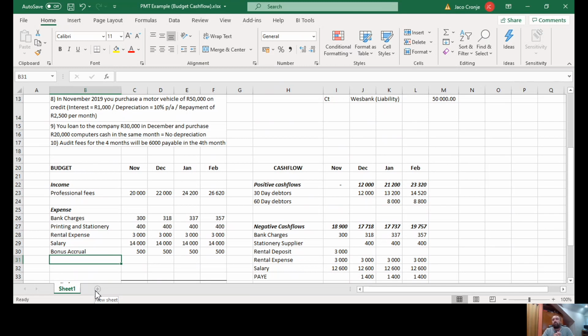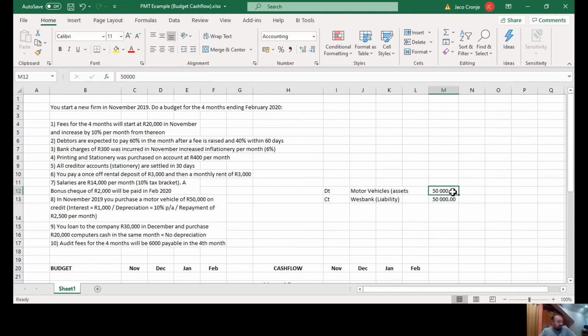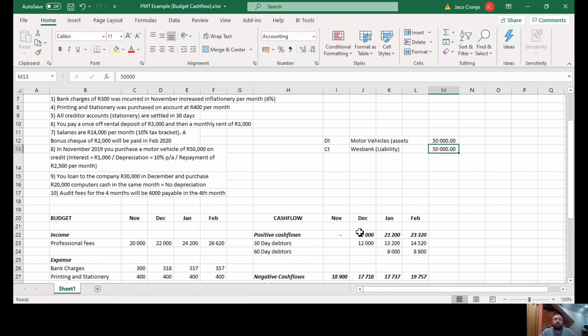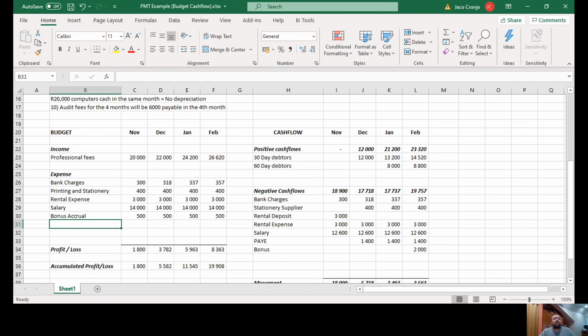Because of interest, you are paying more for the vehicle than what it is actually worth, because it's only worth 50,000, but at the end of this, you're probably going to pay 70,000 due to the interest. So because of the interest, you are losing value. So interest should definitely be included in my budget at 1,000 Rand every month.